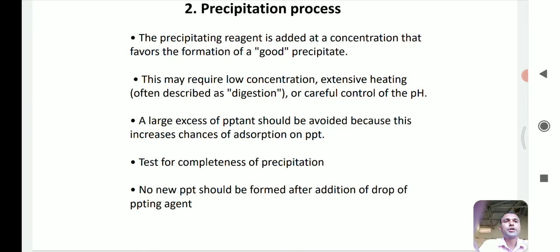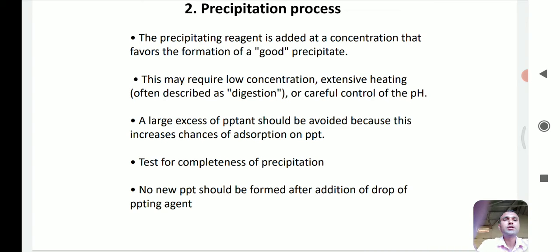Second one is the precipitation process. This is the most important step in the gravimetric analysis, as you already know. The precipitating reagent is added at a concentration that favors the formation of a good precipitate.